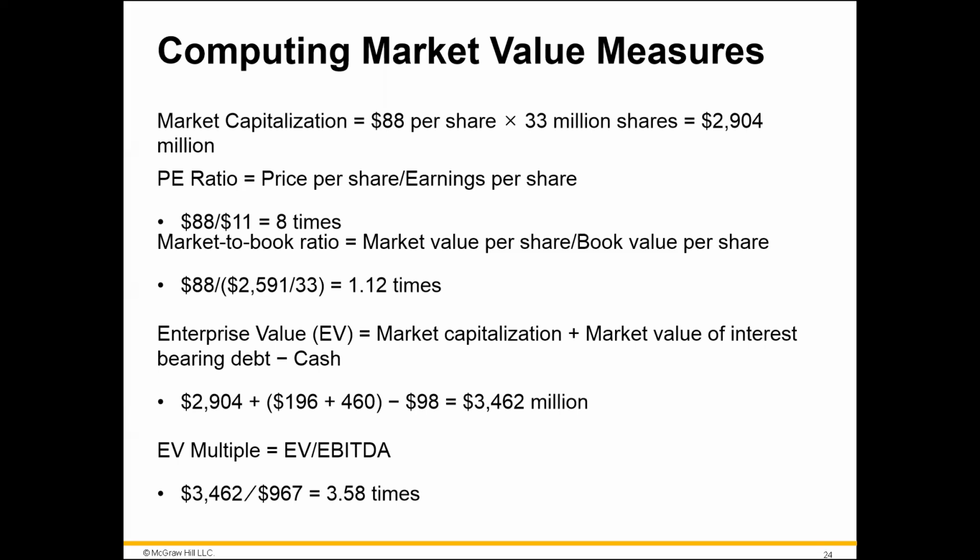What about the P/E ratio? It's the price earnings ratio, right? It's the price per share divided by earnings per share. For our example corporation, it is 8 times.